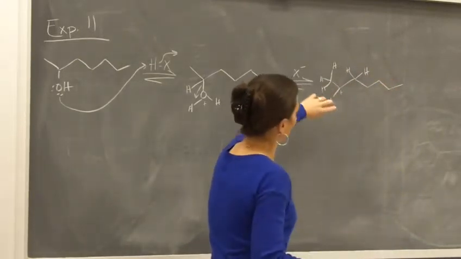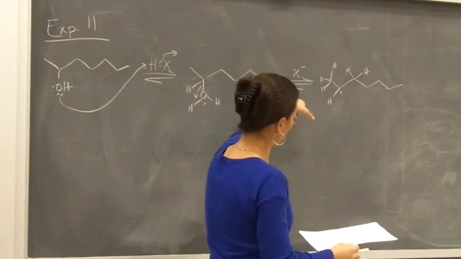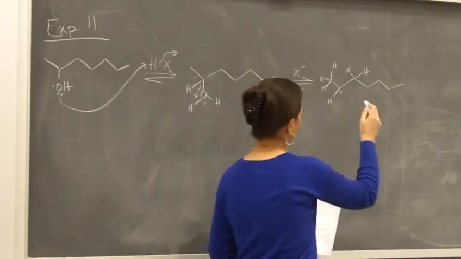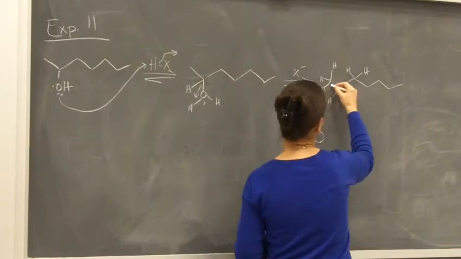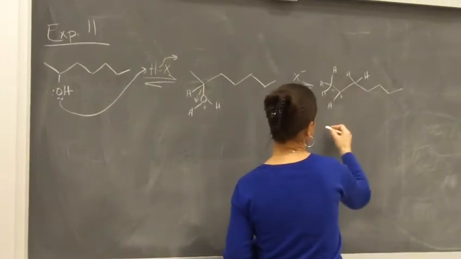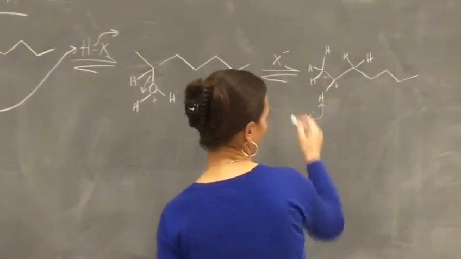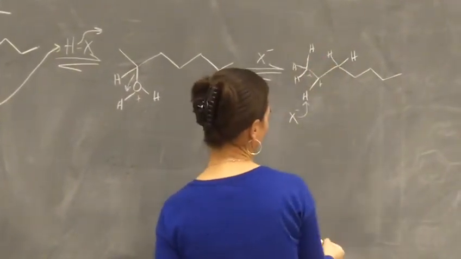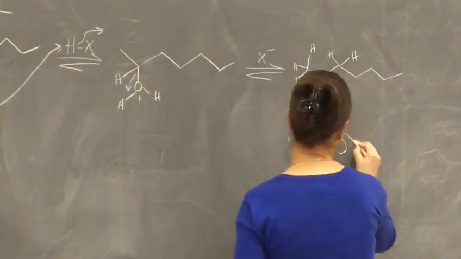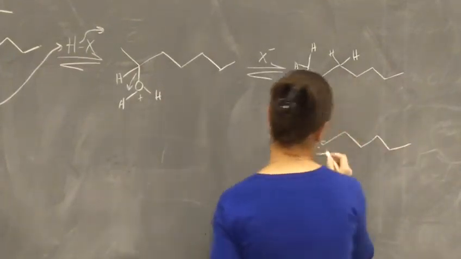And we can then form the double bond to form the alkene a couple of different ways. If we have our electron flow going this direction, so we have the conjugate base of our acid taking this proton and then forming the alkene. In this case, we would get 1-heptene.